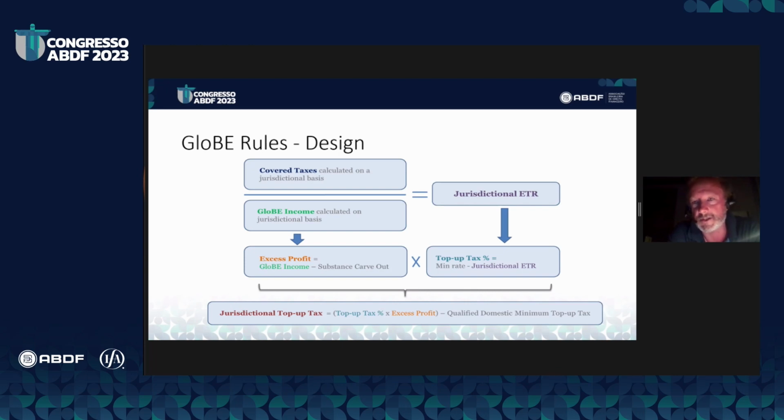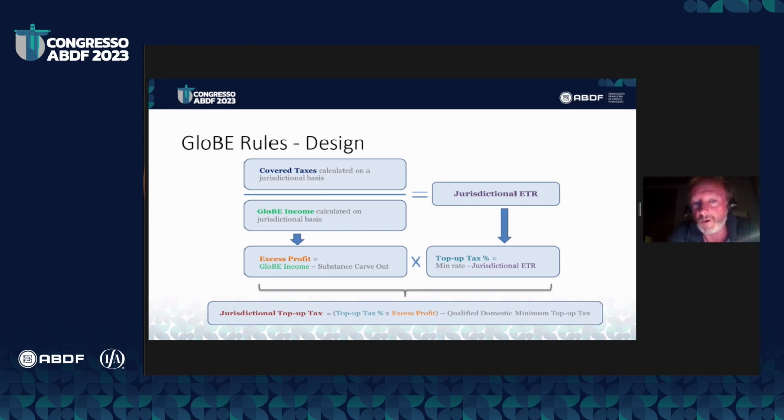A certain percentage of assets and employees are excluded from the income calculation to determine the excess profit. That excess profit is then multiplied by the difference between the minimum rate of 15% and the jurisdictional ETR, effectively the amount of top-up tax that needs to be imposed on that excess profit. That then gives you a jurisdictional top-up tax figure.